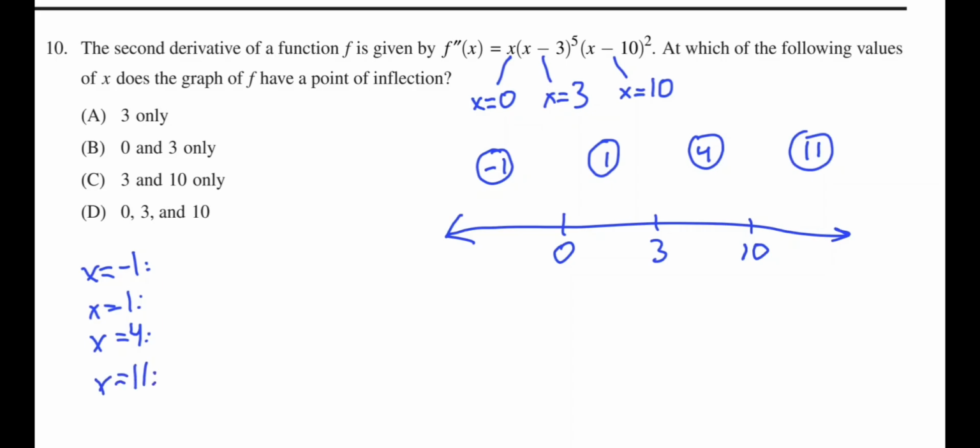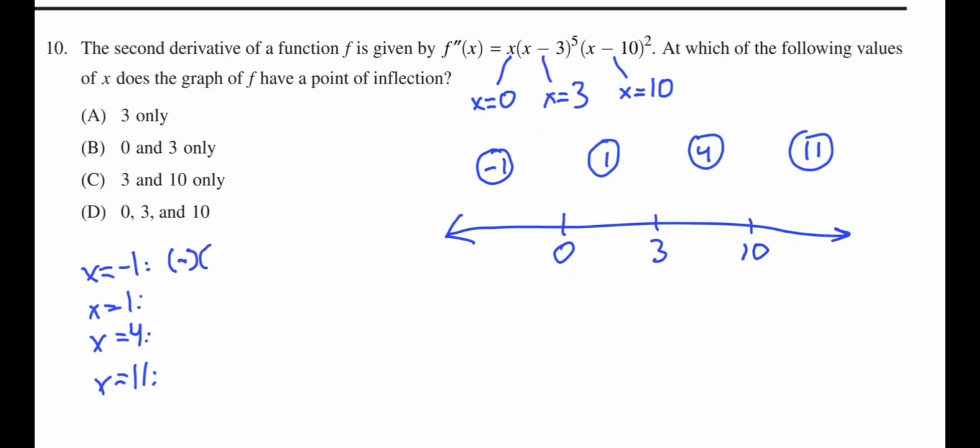Now, if you plug in -1 for every x in the second derivative function, then the first factor is x, which is -1. We don't care about the value of the second derivative when x is -1, we just care about the sign.